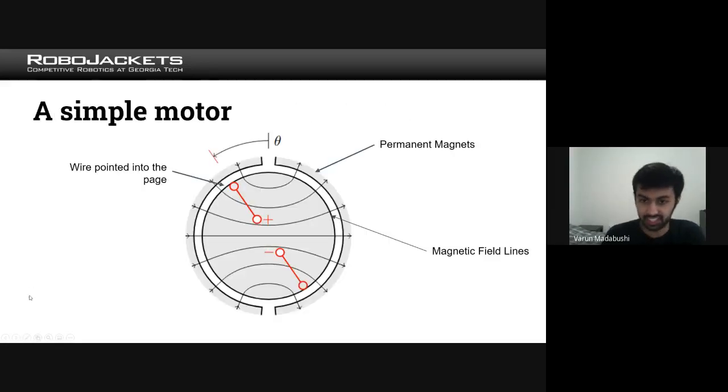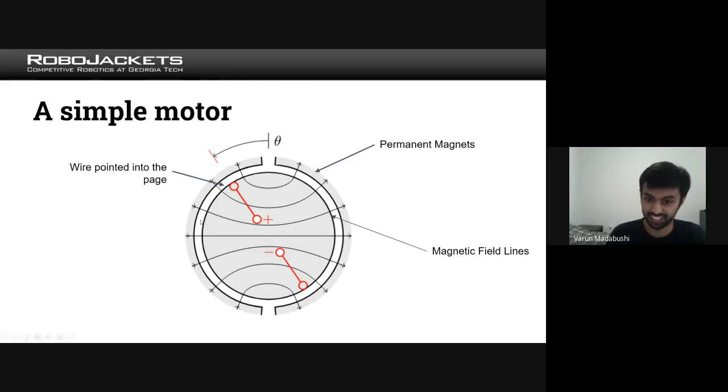So now we can take that and we can apply that into a simple motor. So here's the cross section of our imaginary motor. So these are wire loops, and the wire is going to go into the page here, and it's going to come out of the page here. And when you give this a positive electric potential, and here you give it a negative, we can analyze around this edge here, the magnetic field is pointing radially.